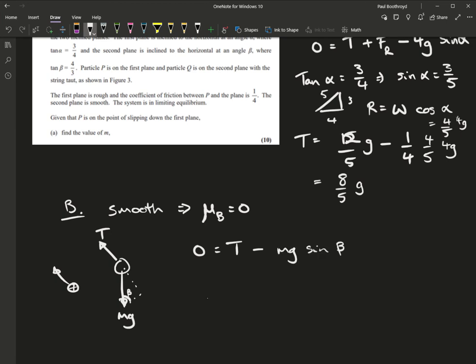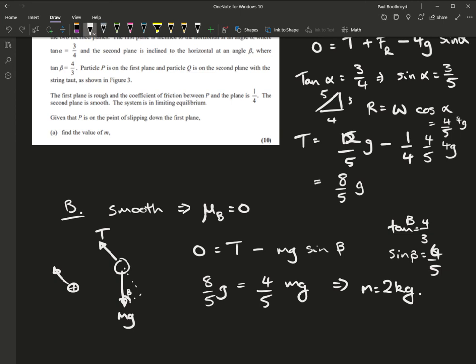Putting all the equation bits together, I've got 8/5 of g, taking that to the other side, sine of beta. Tan beta is 4 over 3, so sine of beta is 4 over 5. So we're going to get 4/5 mg, which leads to a solution of 2 kilograms. And that's that question completed.